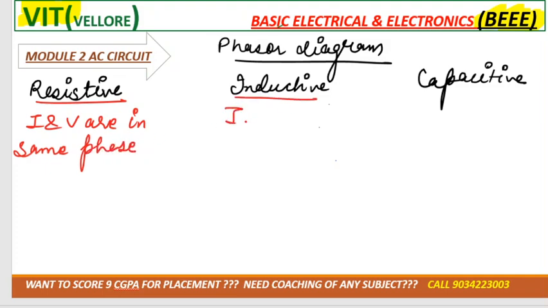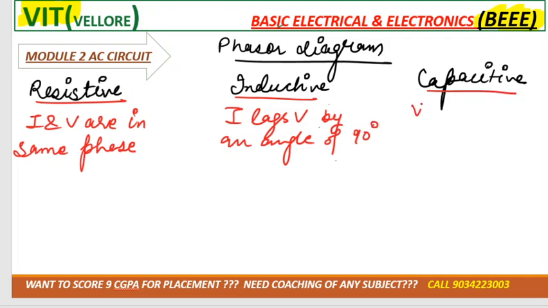In inductive, current lags voltage by an angle of 90 degree, or we can say pi by 2. In capacitive case, current leads voltage by an angle of 90 degree.